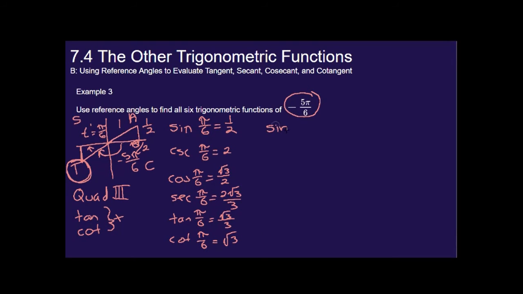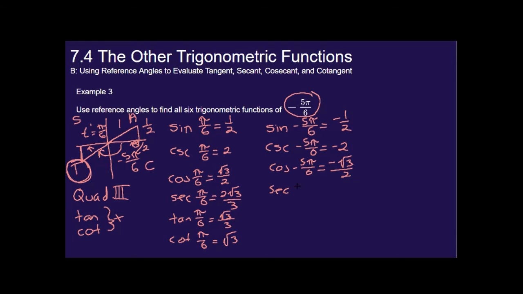So the sine of negative 5 pi over 6 is the same number, but it's not tangent or cotangent, so we add a negative: negative 1/2. Cosecant of negative 5 pi over 6 is also negative, so it's negative 2. Cosine of negative 5 pi over 6, also negative: negative square root of 3 over 2.